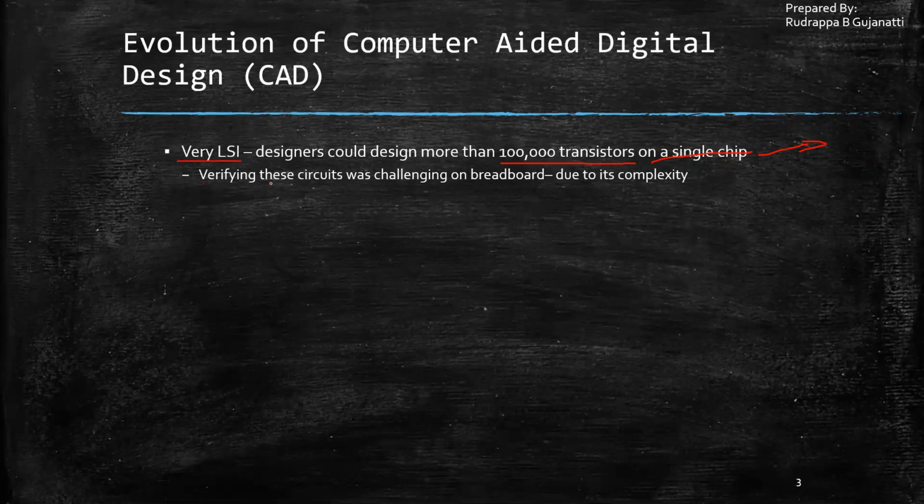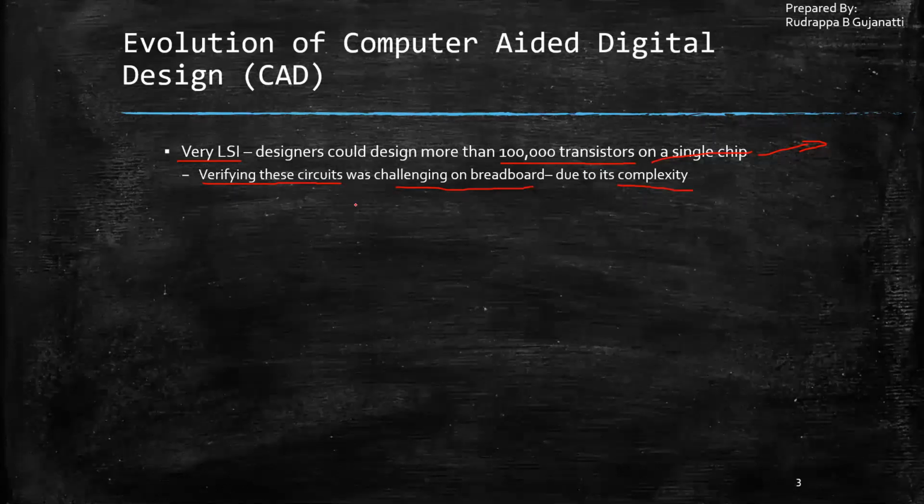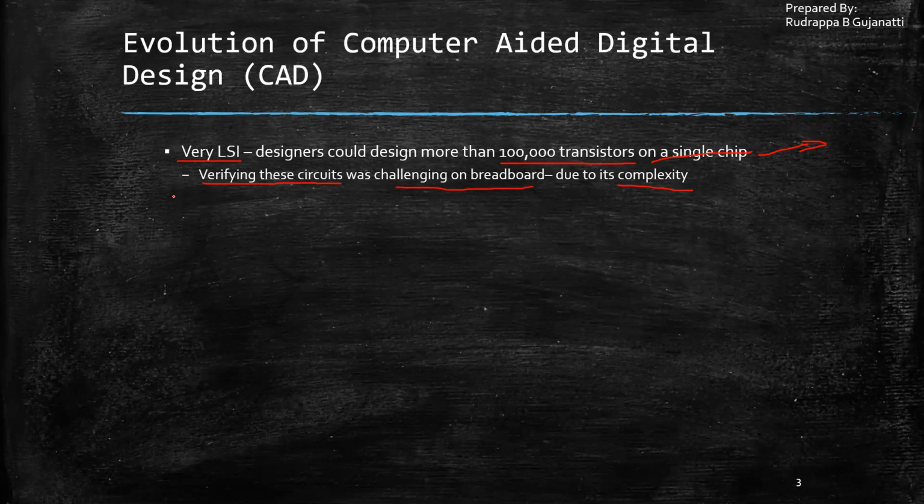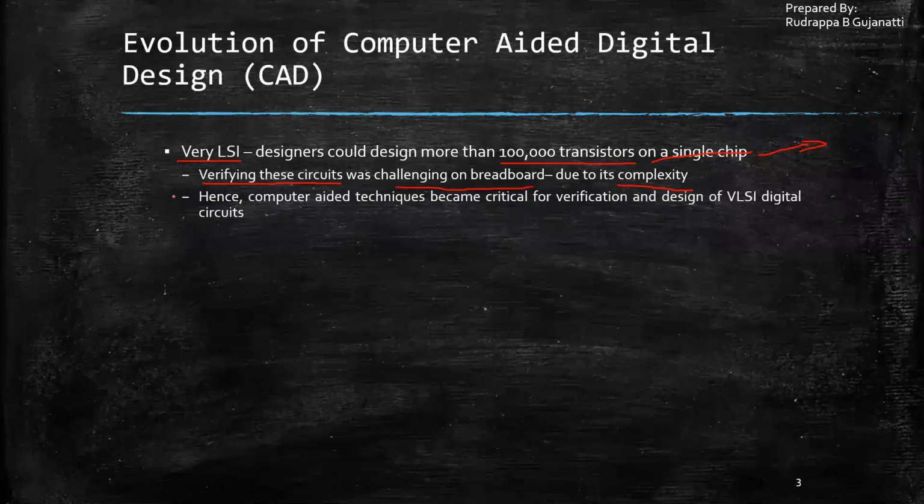Apart from this, verifying these circuits on the breadboard itself becomes a very challenging aspect because of the complexity present. So the CAD tools also had to evolve in these cases.